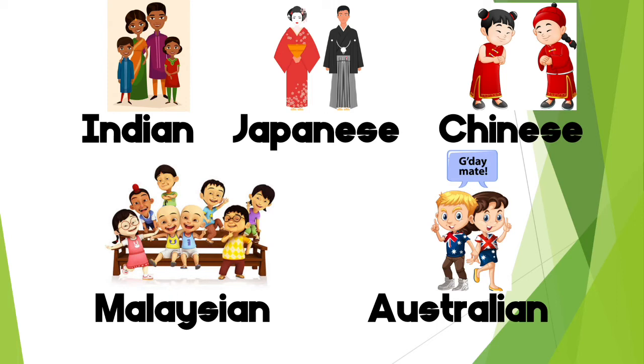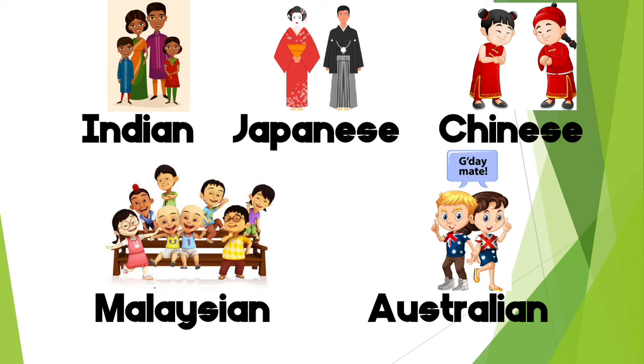Okay, next we have Japanese. So those people from Japan, they are called Japanese. And people from China, they are called Chinese. Their nationalities is Chinese. Warga negara mereka ialah warga negara Cina, Chinese. Okay, so here Meme, is it this girl? So Meme is born in Malaysia, so her race is Chinese, bangsanya bangsa Cina, but Meme is a Malaysian.